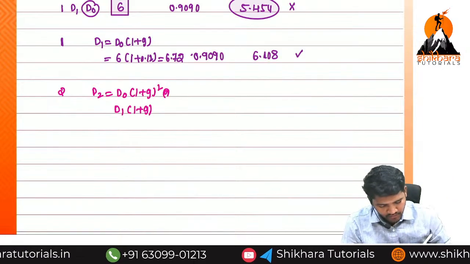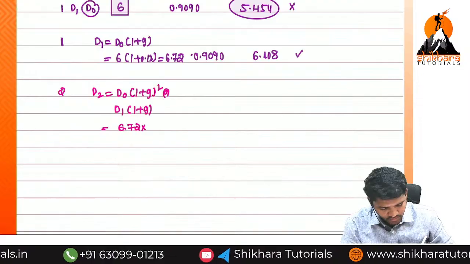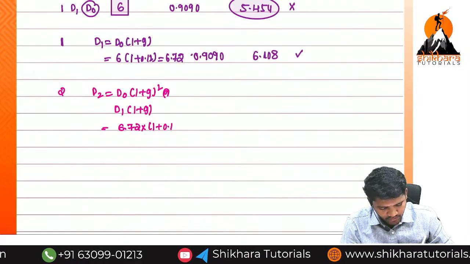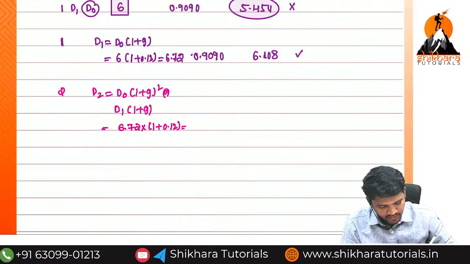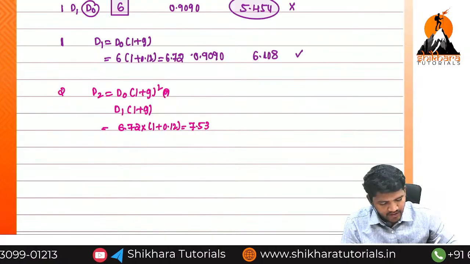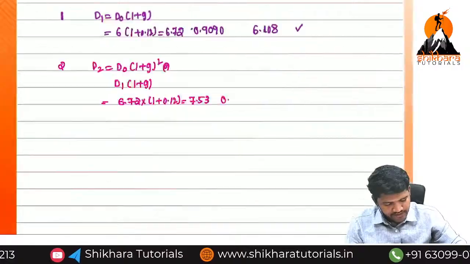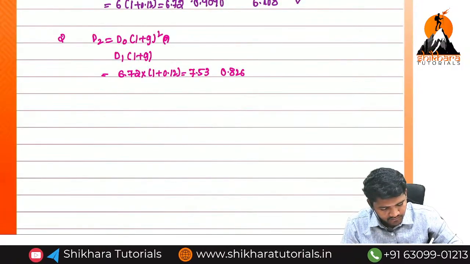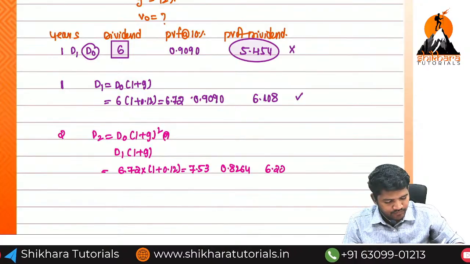Now 6.72 into 1 plus 0.12 gives 7.5253. Now what's the present value factor? 0.8264. Now what is the present value of the dividend? 6.22.